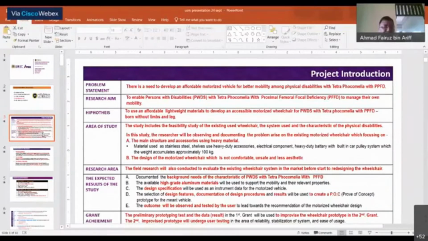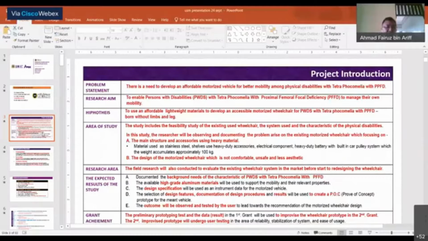Research area: field research was also conducted to evaluate the existing wheelchair systems in the market before redesigning the wheelchair. The expected results of the study are: A, to document the background of the needs and characteristics. B, available high-grade aluminum material will be used to support the mobility and the relevant properties.